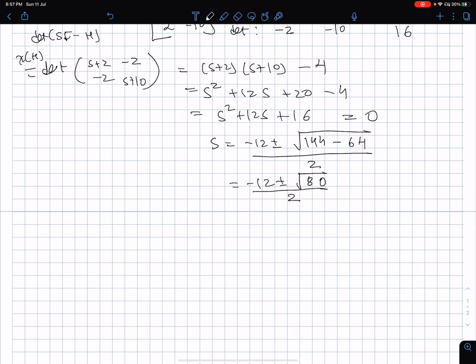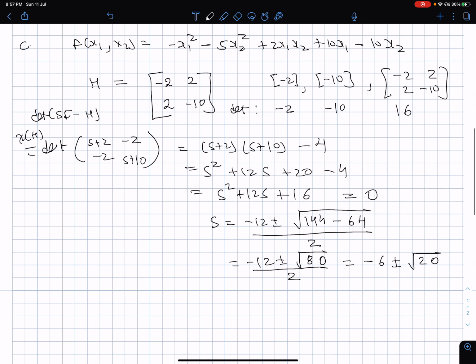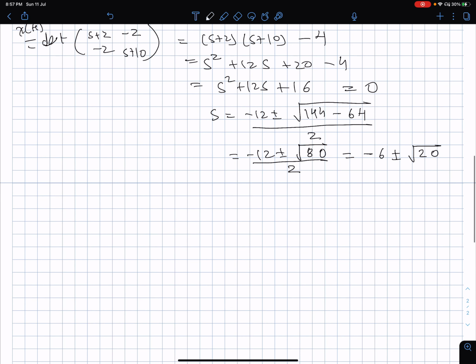by 2, which can be written as minus 6 plus minus under root of, the 2 will go inside the square root of 80 as 4, so therefore you will get 20, and with 20 you are going to get square root of 20.